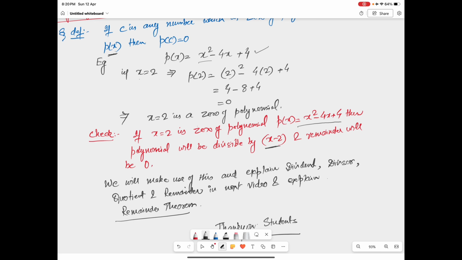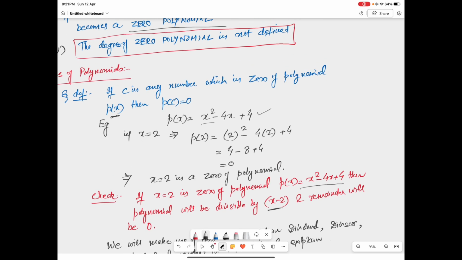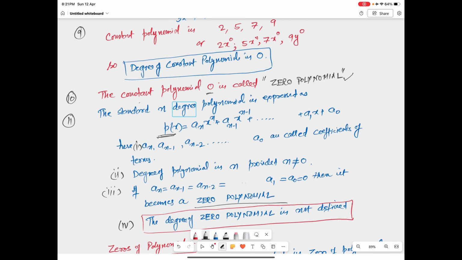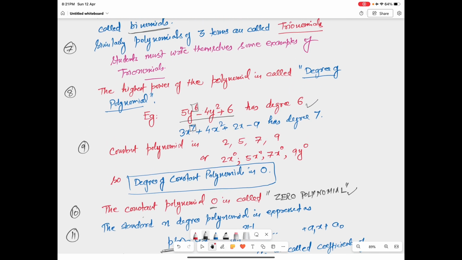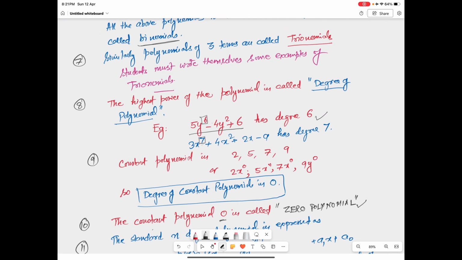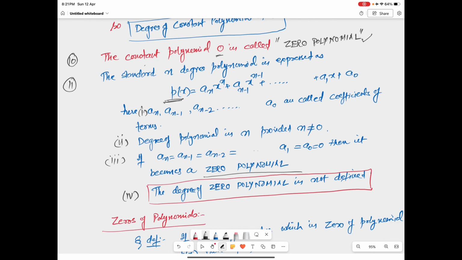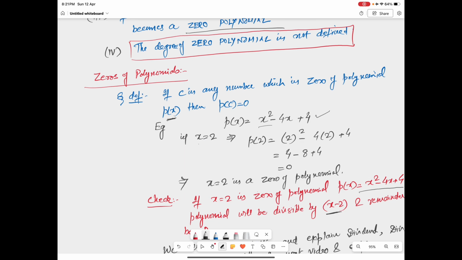I will explain about dividend, divisor, quotient and remainder in my next video. This is a short video for you to understand what a polynomial is and what the properties of a polynomial are, and you should solve some of the examples of the book. Very shortly I will explain the remainder theorem.